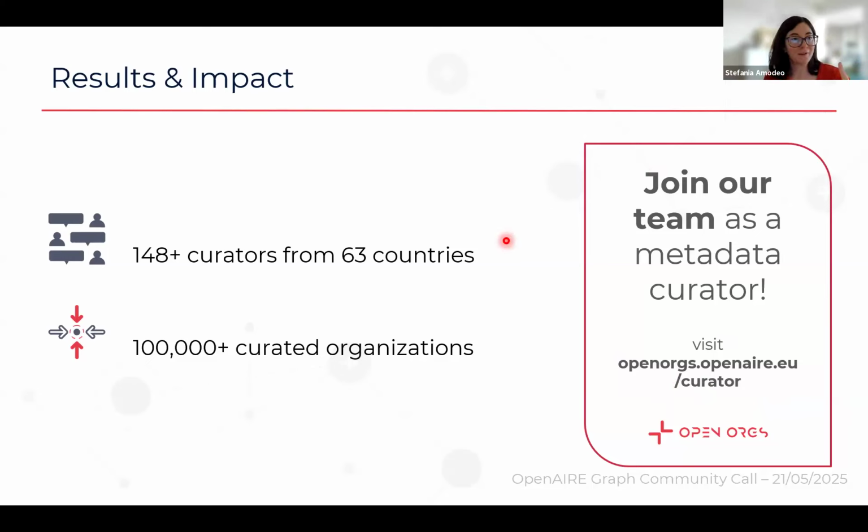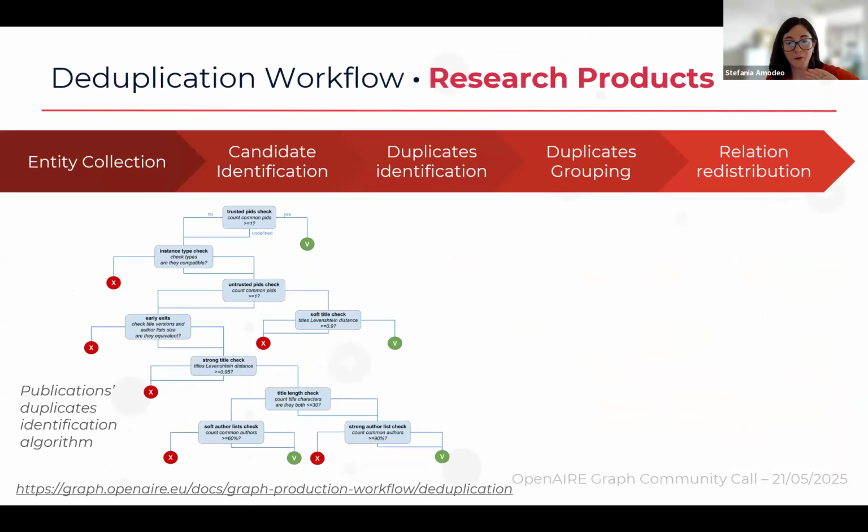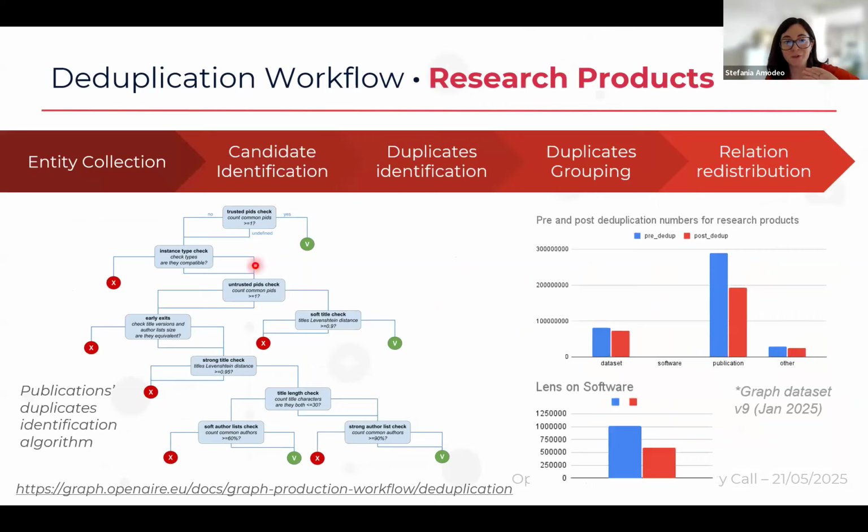One thing that I forgot, now that I'm almost at the end of the presentation: I've shown you what happens with the decision tree and how the duplicates are identified, but I forgot to move on to the final phases of the deduplication. So let's say we have gone through the decision tree, the algorithm, the human curation, and we ended up identifying the matches.